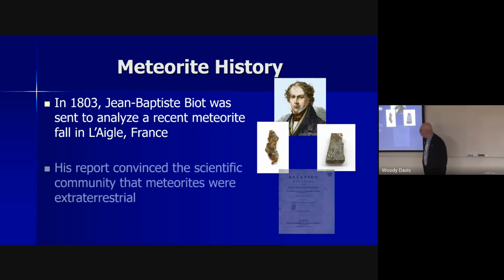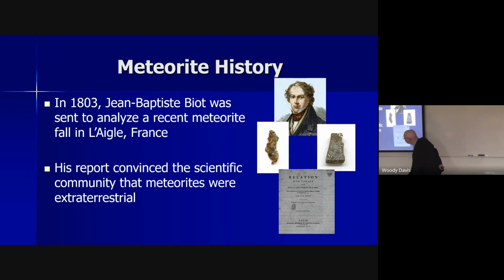And his report convinced the scientific community that meteorites were indeed extraterrestrial. And so one of the things I always mention when I talk to especially young people is that one of the important things about doing science is not only making discoveries, but being able to communicate those discoveries effectively.